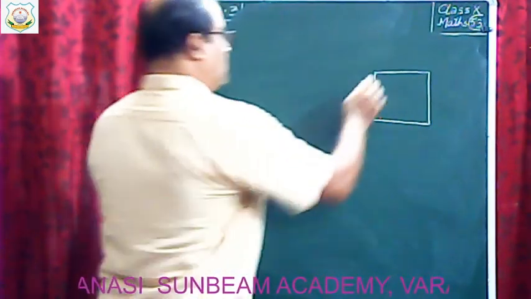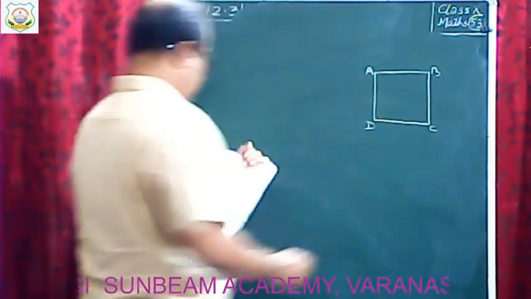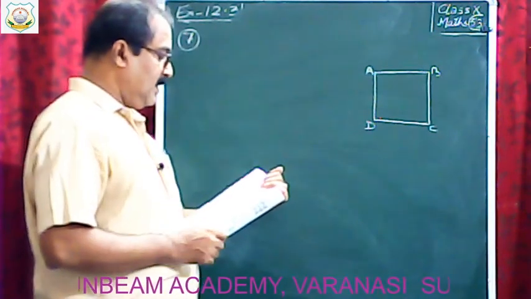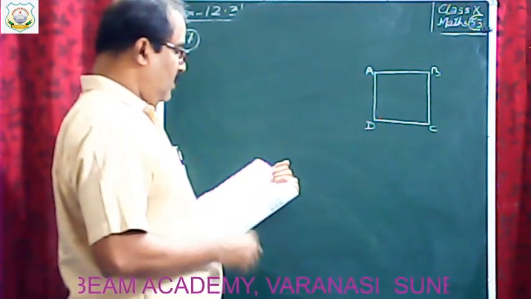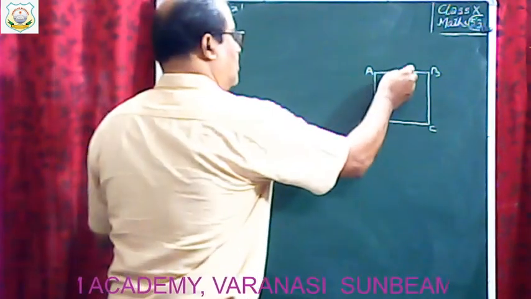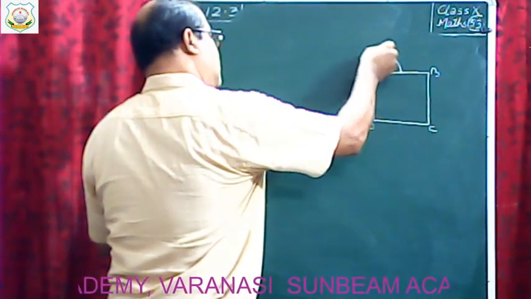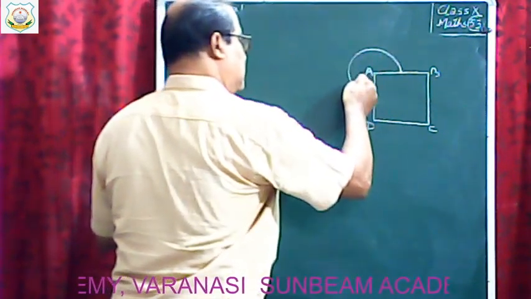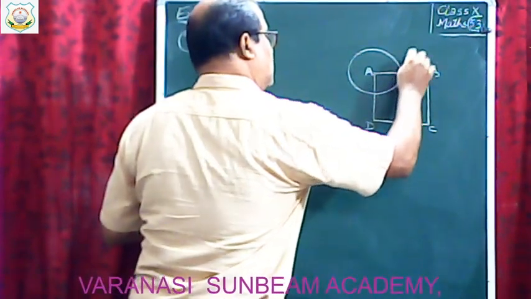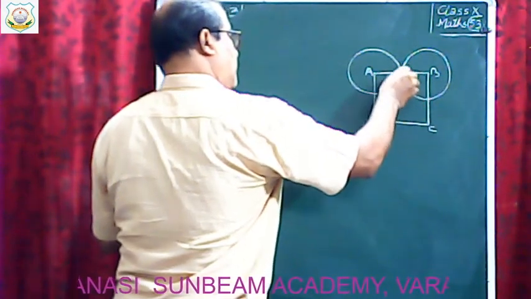You have to draw 4 circles with centers A, B, C, D in such a way that each circle touches 2 other circles out of 3.